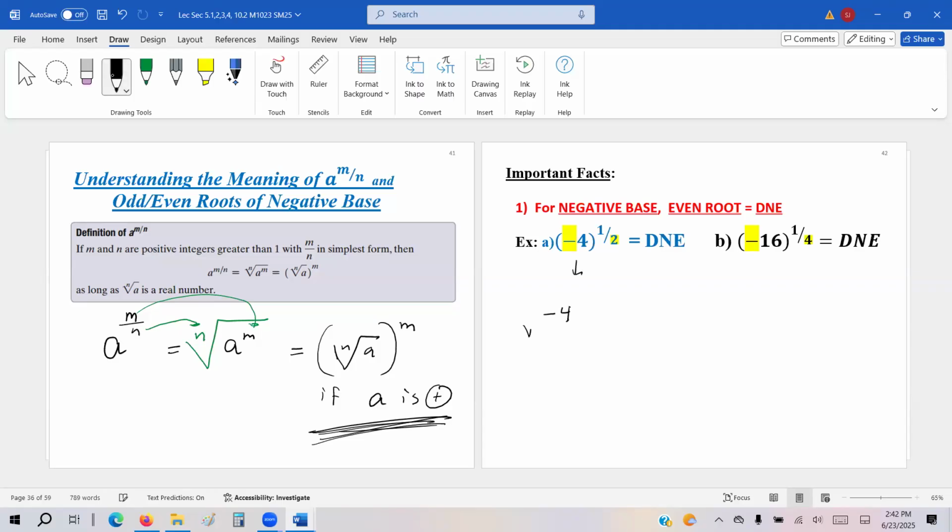We have negative 4 to the one half, so the square root is our radical. And you already saw there is no number that, if you multiply twice, gives a negative answer. That's why this doesn't exist for now in the real world, but later it will become I. It's 2i.